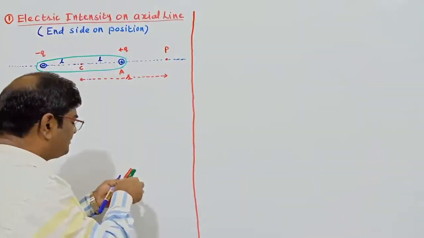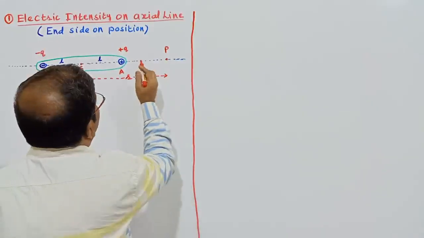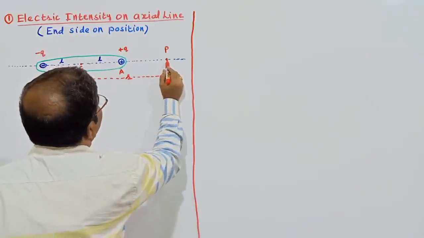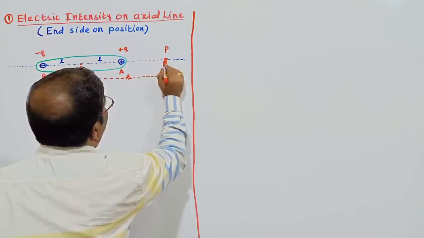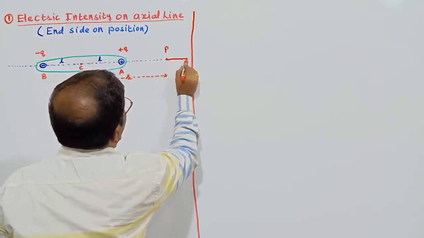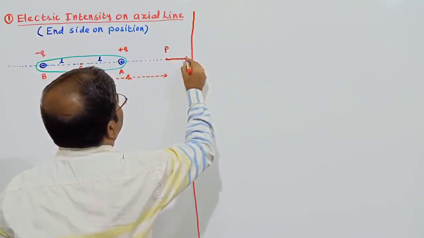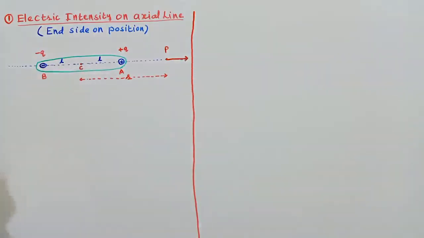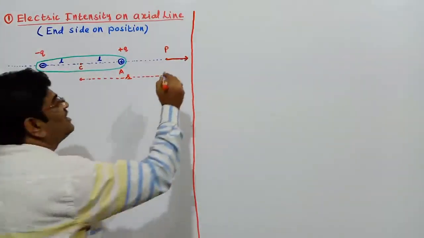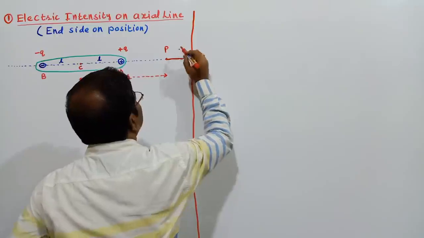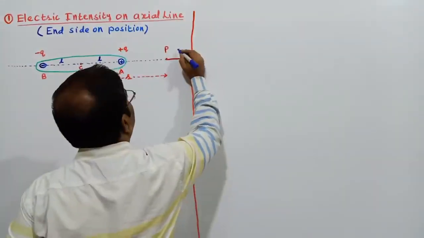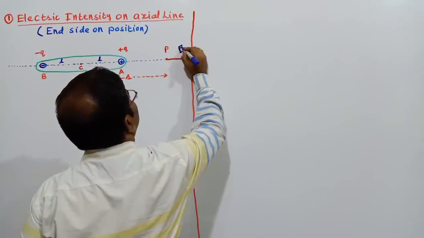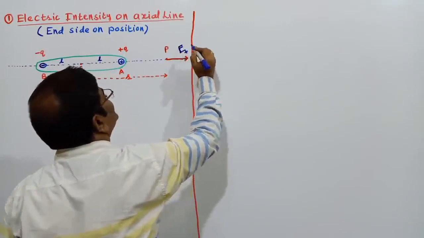Yes, why not? Of course. And this is the direction of intensity at P contributed by the positive charge. Along and away. Here I show that. And this I will name as intensity E plus. Notice, I am mentioning subscript plus.